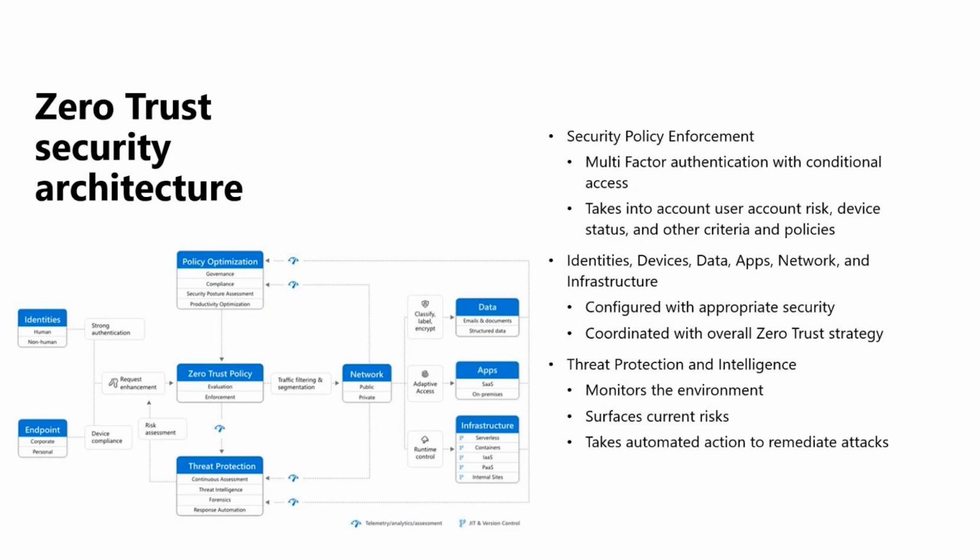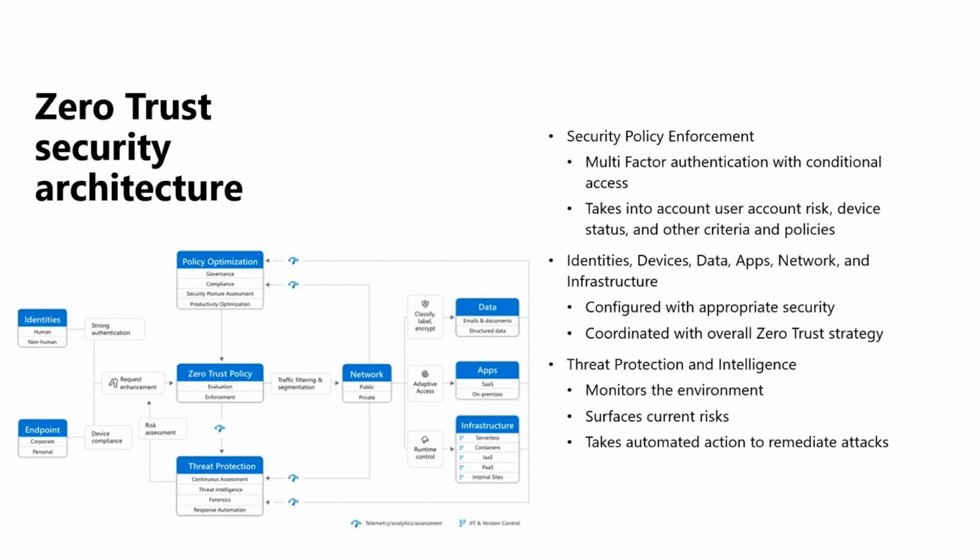So, for example, whether the identities are okay, whether endpoints are adjacent to the policy, whether any of these have any connection to threat protection, whether access requests are coming from a malicious network that is malicious today but wasn't yesterday.